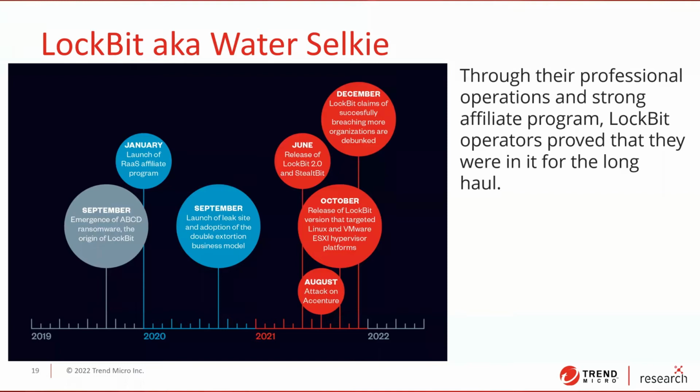You see in September of that year, the launch of a leak site and adoption of the double extortion business model. So this is a gang that also saw that the double extortion model of ransomware was working very well. If you're not familiar with double extortion, in their attack they will initially steal a bunch of critical data from the victim.